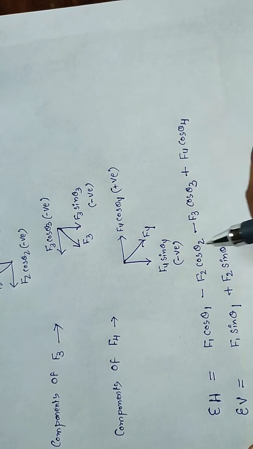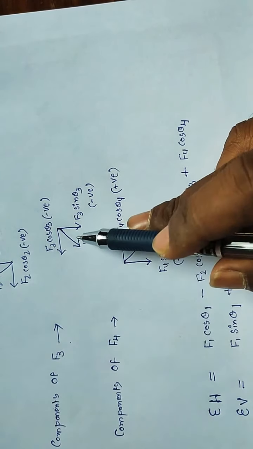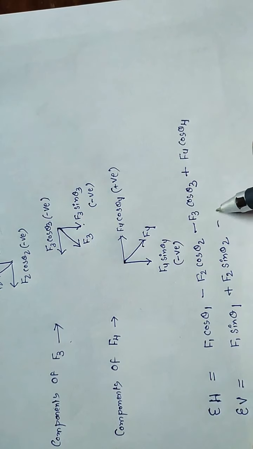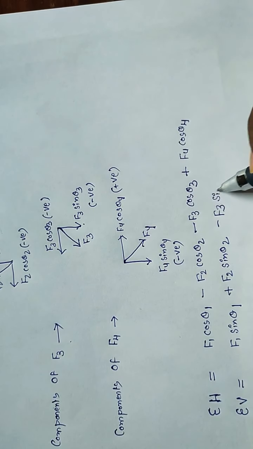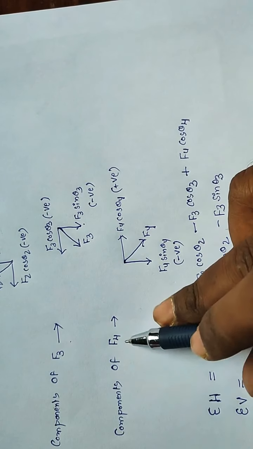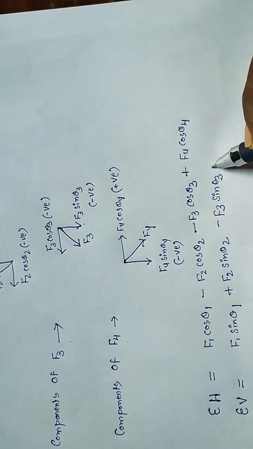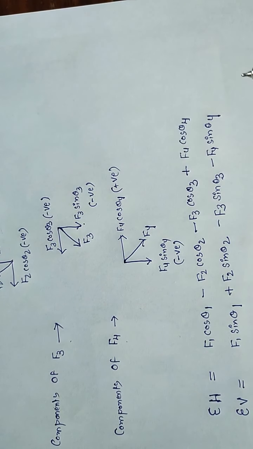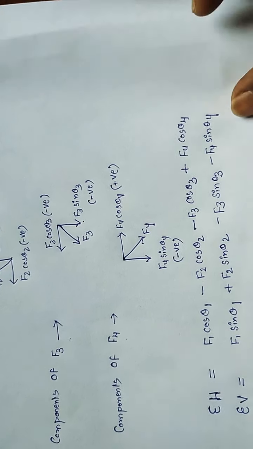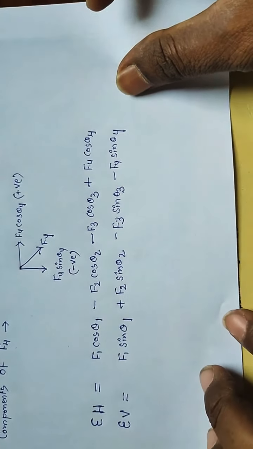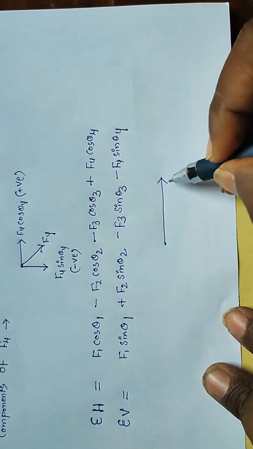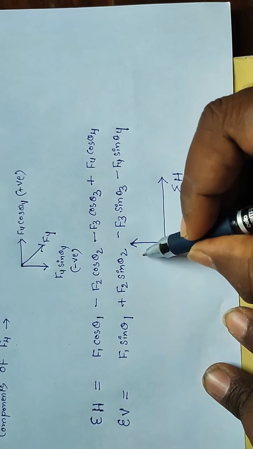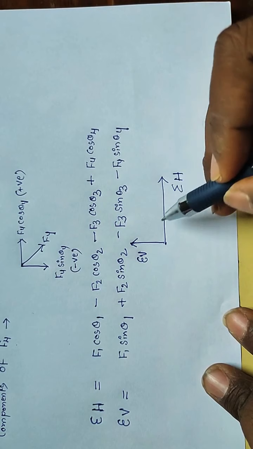For component f3, the vertical component is negative, minus f3 sin theta 3. For component f4, negative value, minus f4 sin theta 4. So this is sigma h, summation of all the horizontal components, and sigma v, summation of all vertical components.